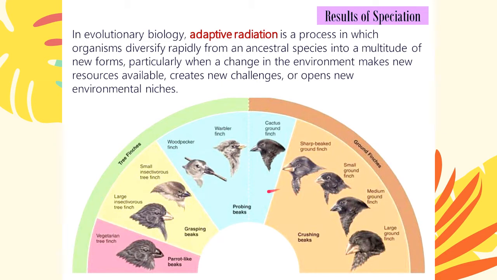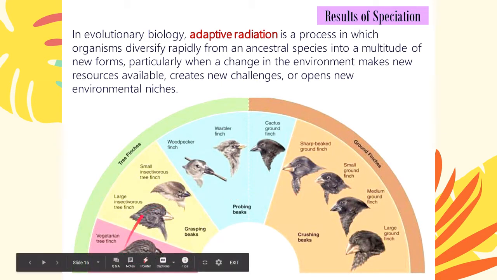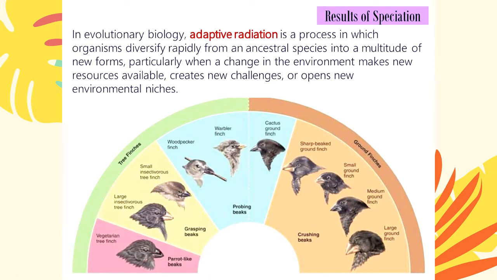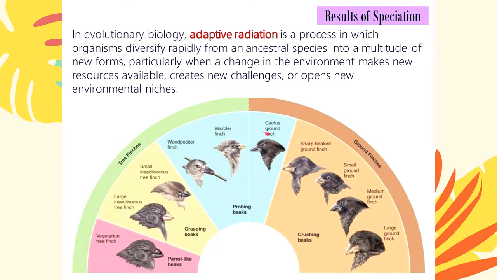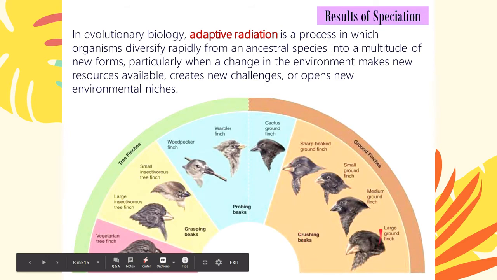He was able to see that on every island there's a representative finch, but they have different beak structures based on the food that they eat. The vegetarian tree finch has this type of beak, grasping beaks for those who eat insects, probing beaks for the woodpecker finch and cactus ground finch, and a sharp-beaked ground finch. Crushing beaks are shown by the ground finches.